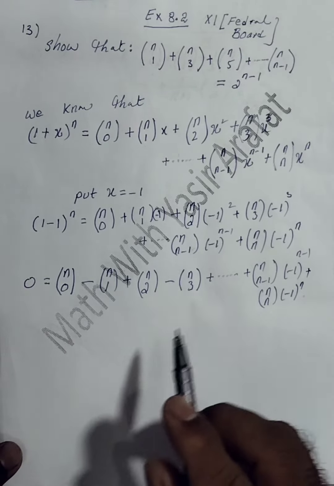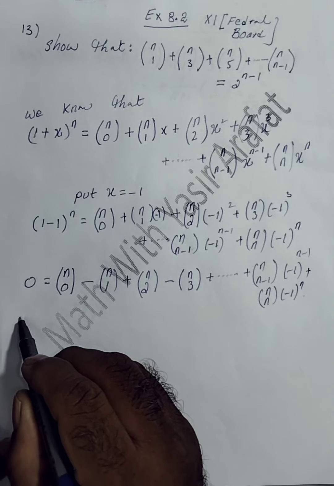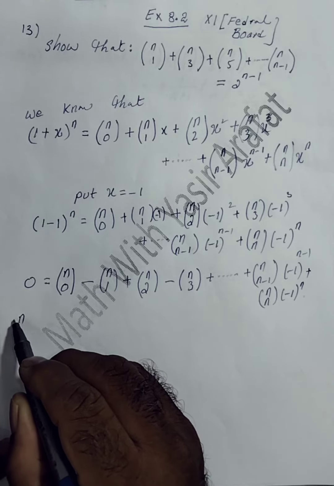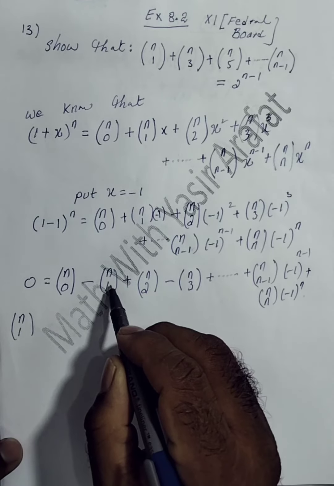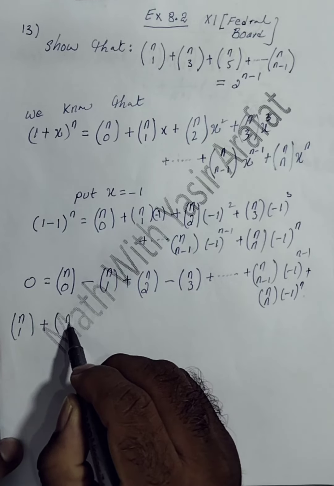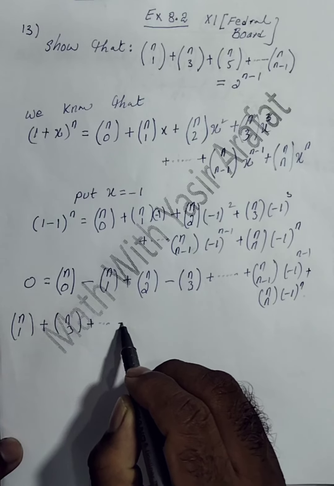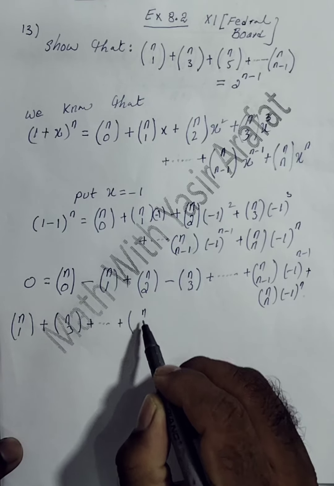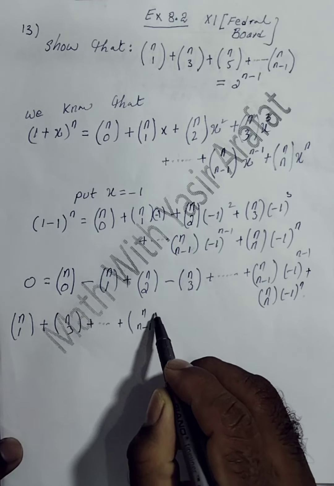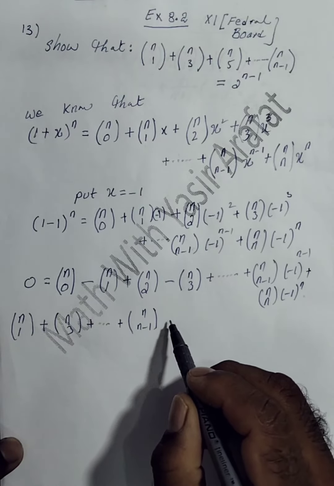Now we have to shift the negative terms to the left hand side, that is nC1 plus nC3 plus, and so on, up to nC(n-1). This is the odd number here.